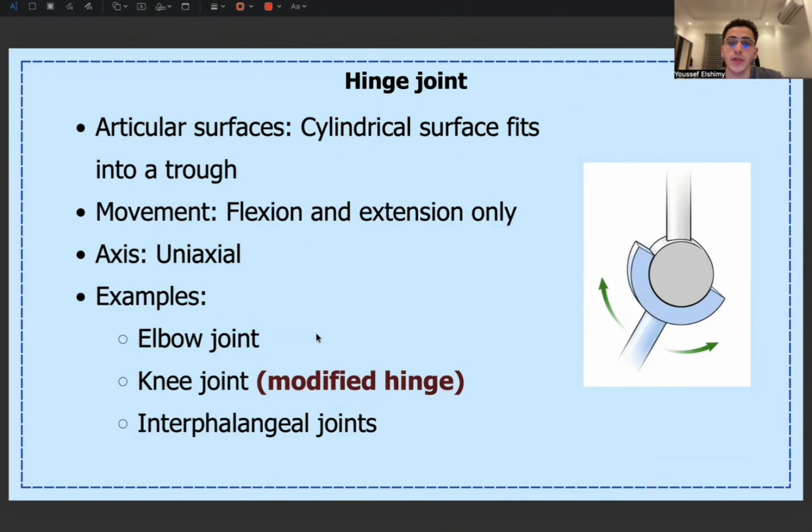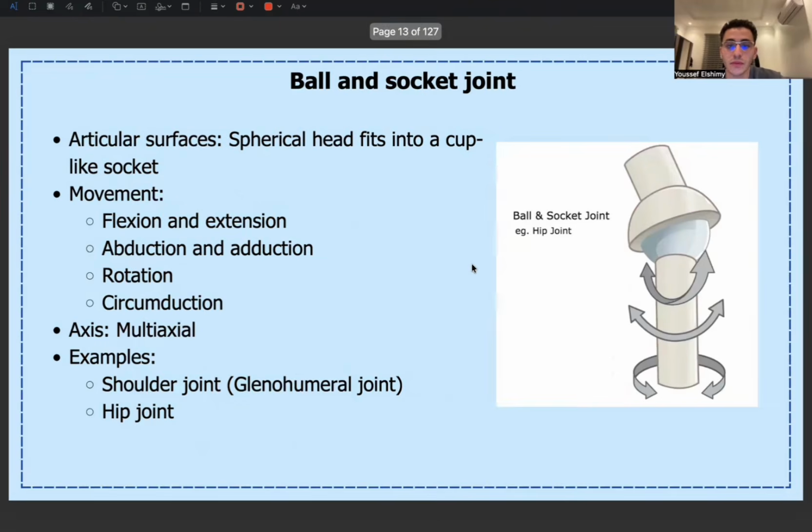But a special thing about the knee joint is that it is a modified hinge. Although it is still a hinge, it is a modified hinge because it allows not only for flexion and extension, but it allows for limited rotation. So that's why it's considered a modified hinge. Then we have also the interphalangeal joints, which are hinge joints.